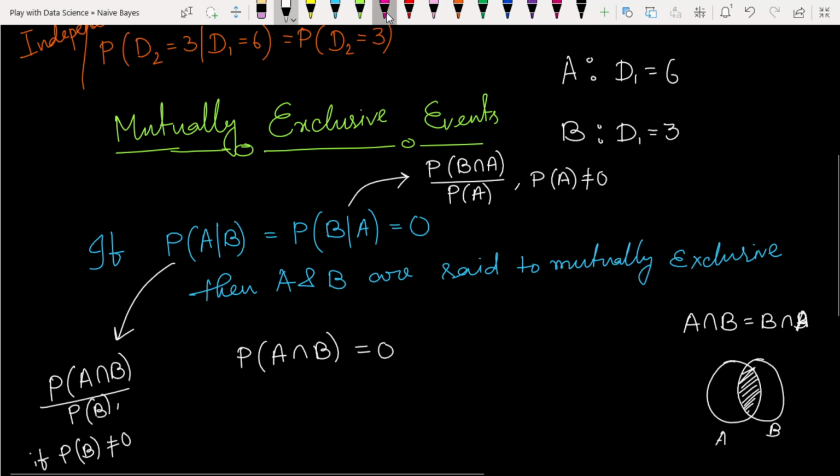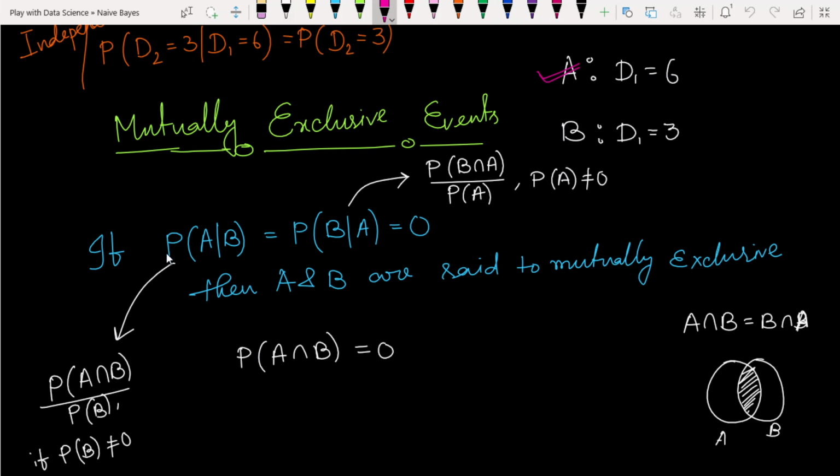What will be event A? Event A is if we roll a die and get 6, and event B is if we roll a die and get 3. Now see this.